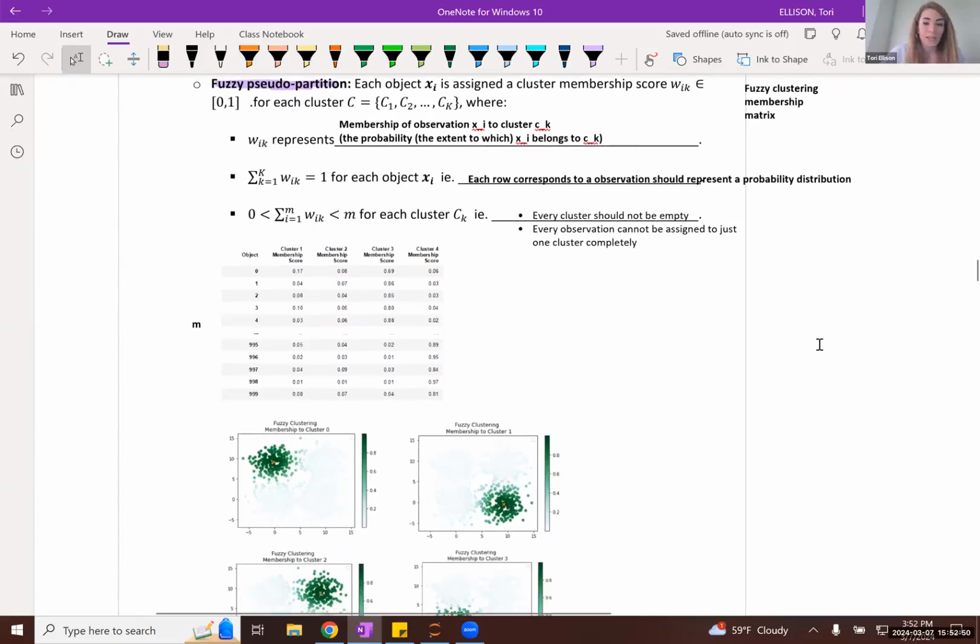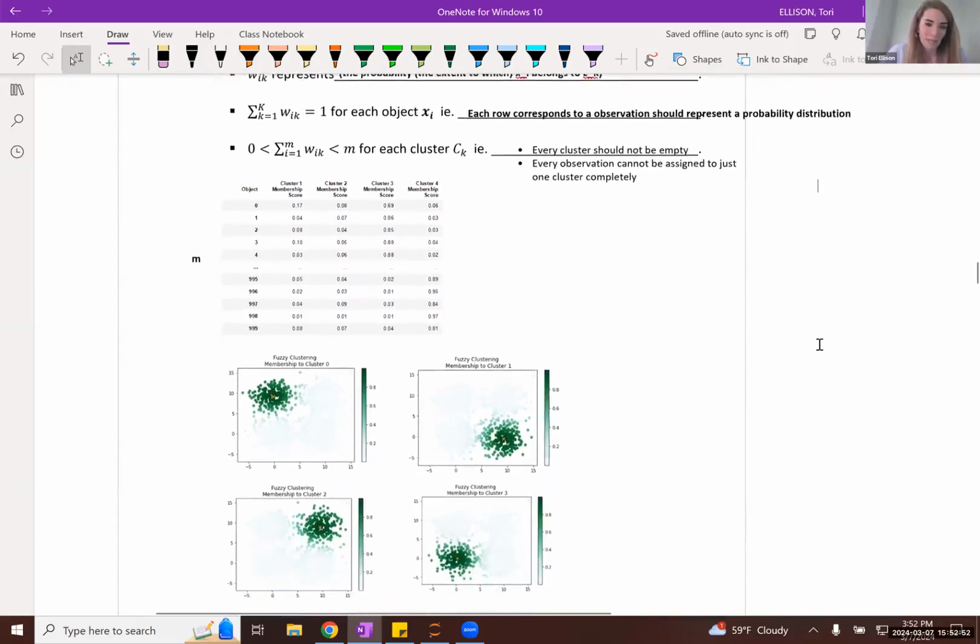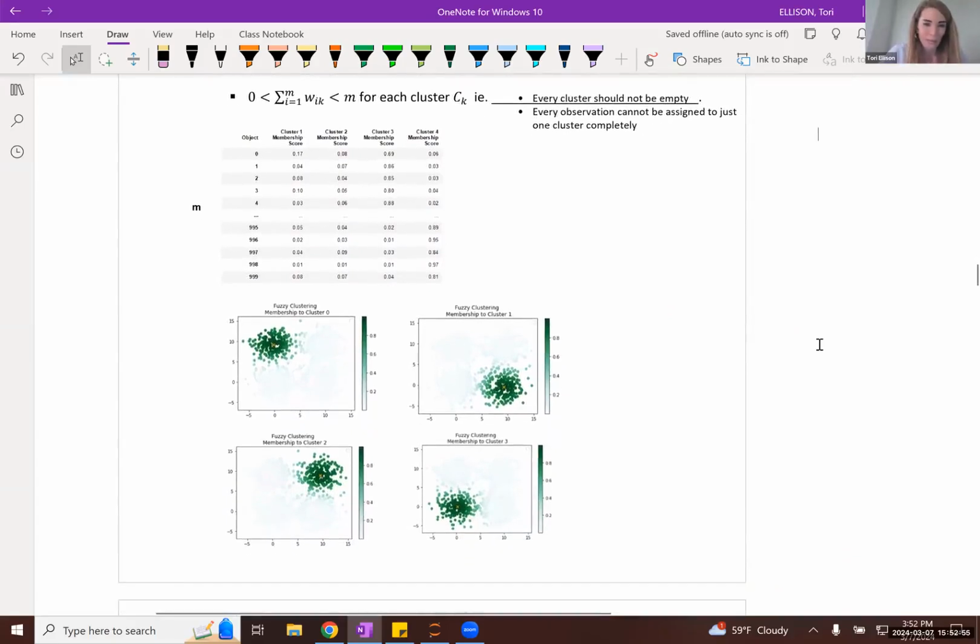Now, ideally, if this was our data set here, we'd like our fuzzy clustering membership matrix to be visualized in such a way. We can color code our data set four times: first by the cluster 1 membership scores, next by the cluster 2 membership scores, something like this.